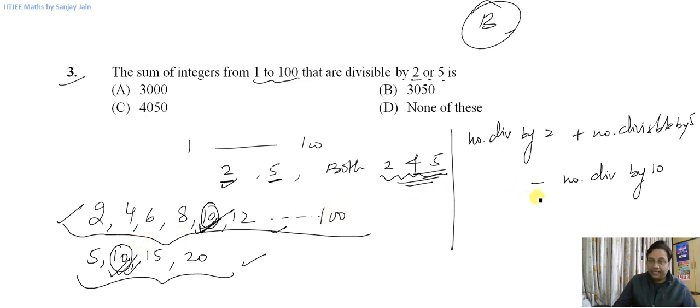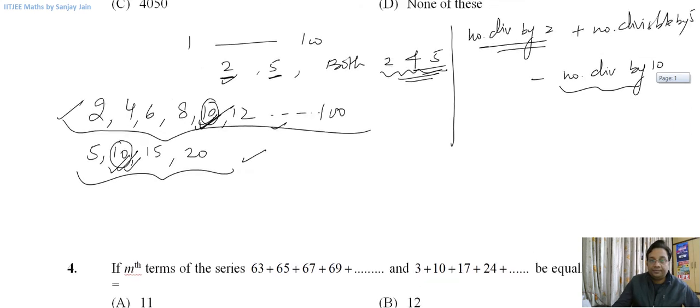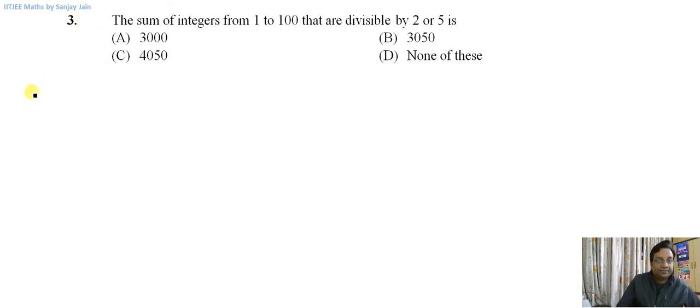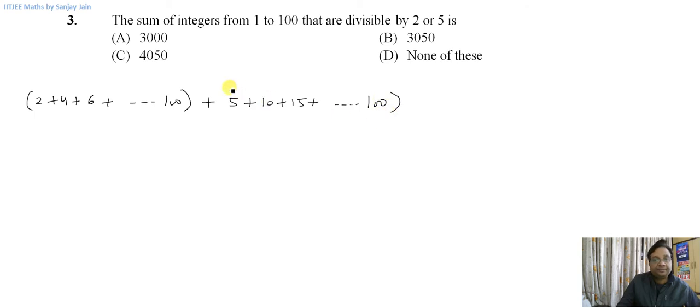So I have to subtract it. Numbers divisible by 10, I have to subtract. So I need to find the sum, which is 2 plus 4 plus 6 plus up to 100, plus 5 plus 10 plus 15 plus up to 100, minus 10 plus 20 plus 30 plus up to 100.